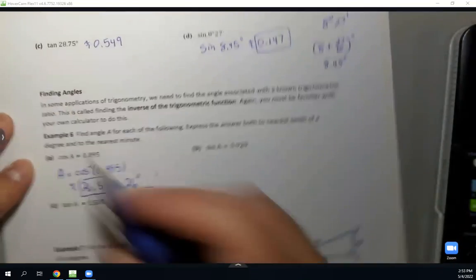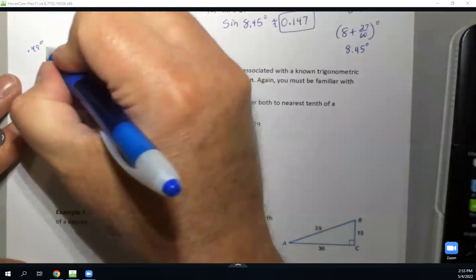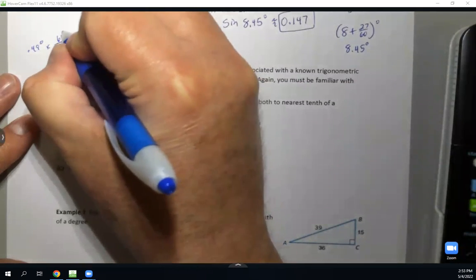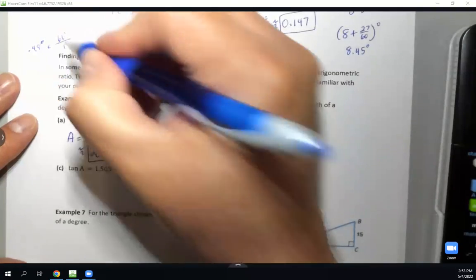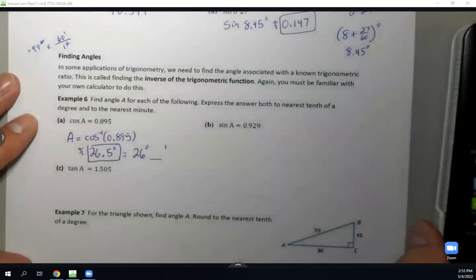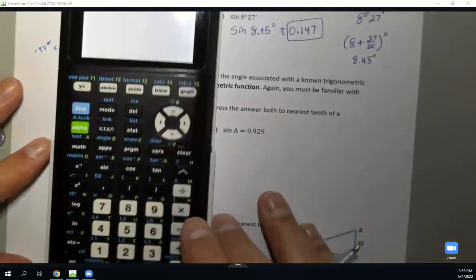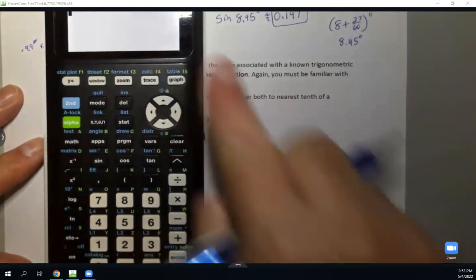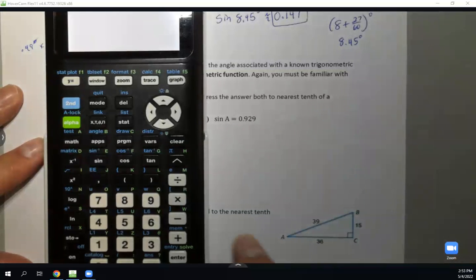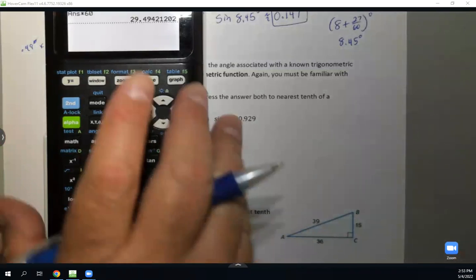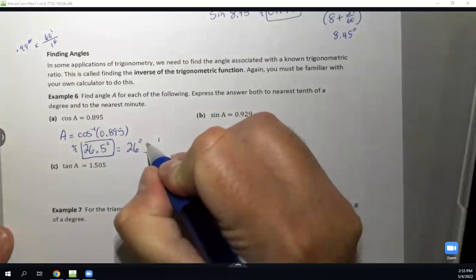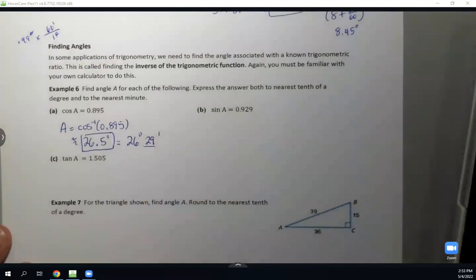So again, remember, if I have 0.49 degrees and I want to change that to minutes, I know there's 60 minutes over 1 degree. So I'm really going to multiply that by 60. So I'm going to just subtract off the 26 so I don't have to retype all of that, and then times 60. So that's about 29 minutes. So 26 degrees and 29 minutes.